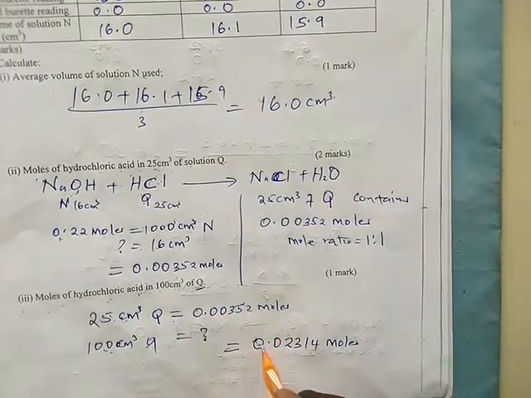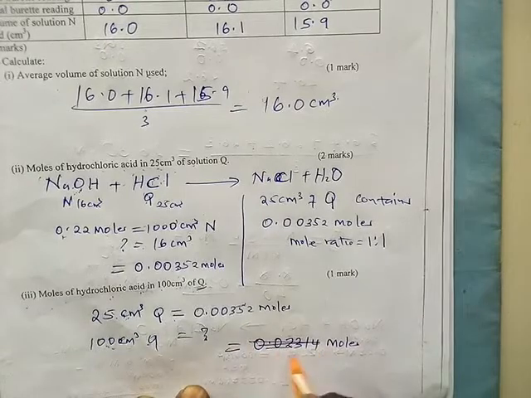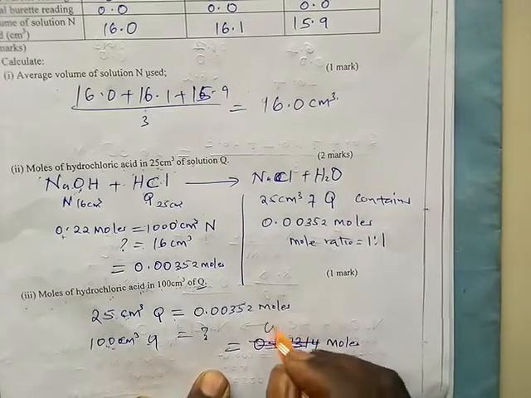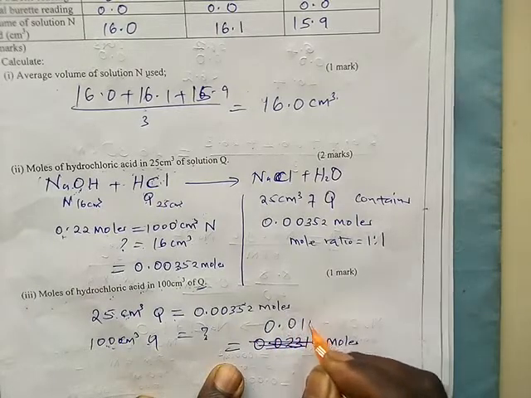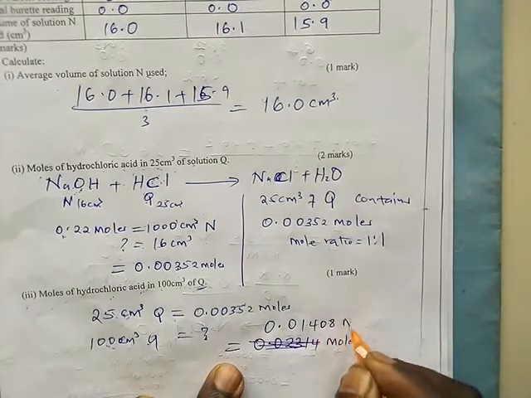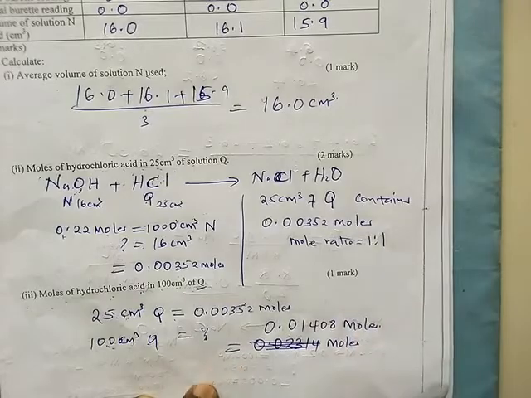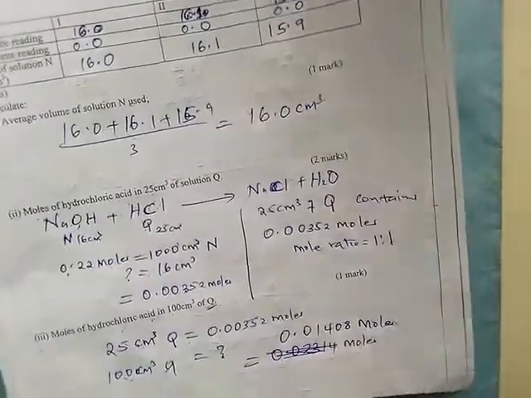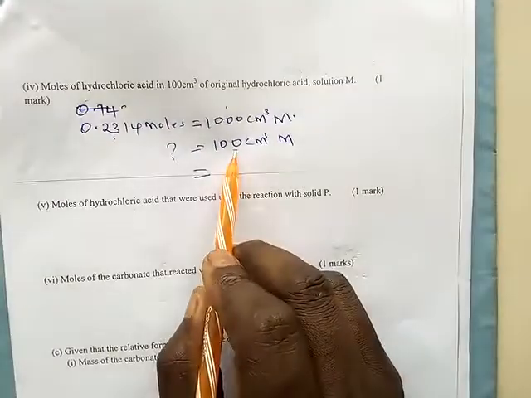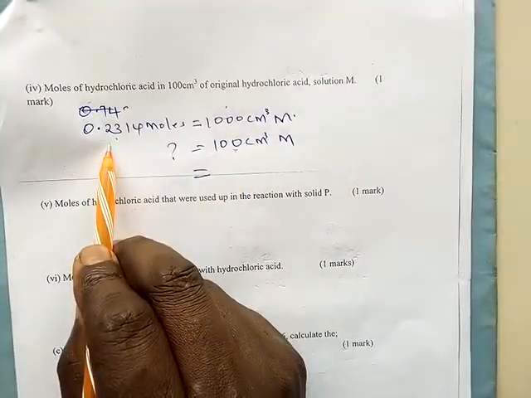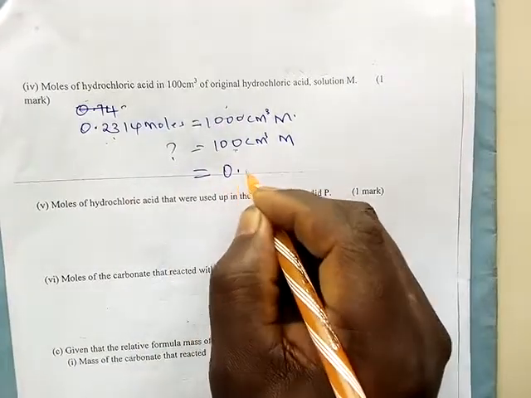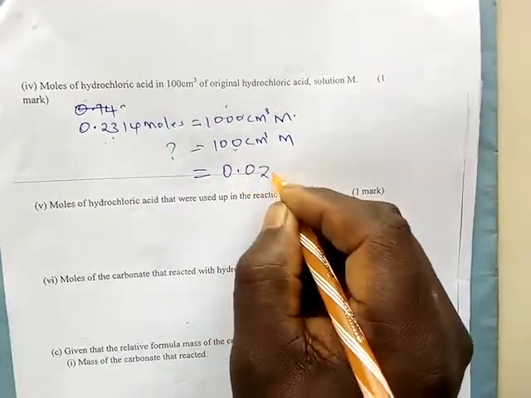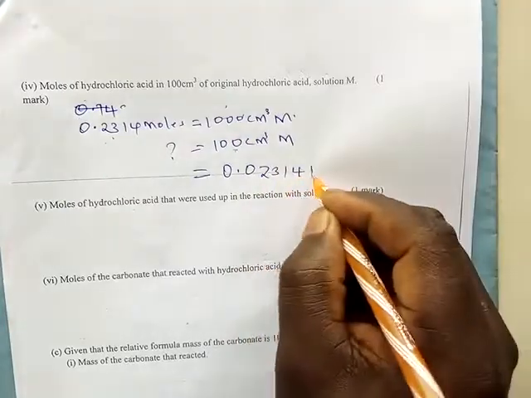The answer is not this one. The answer should be 0.01408 moles. Sorry for that. Now this times this divided by this will give you 0.02314 moles.